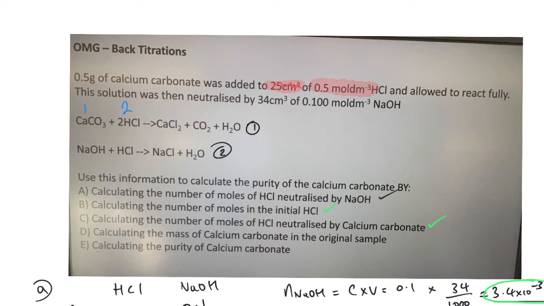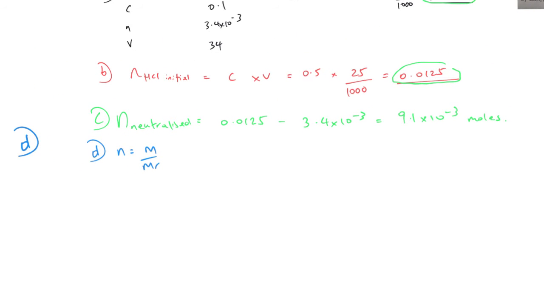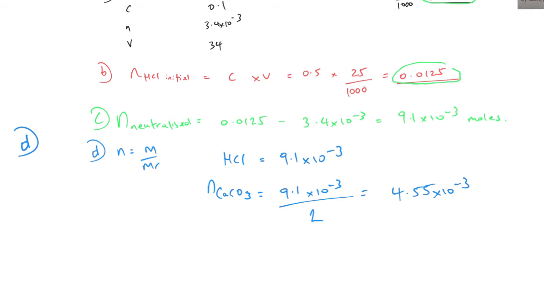So if we look at what we've got, the number of moles that was neutralized from HCl was 9.1 times 10 to the minus 3. To find my number of moles of calcium carbonate, I'm going to divide this by 2, because for every 1 calcium carbonate, I get 2 hydrochloric acids. It's going to give me 4.55 times 10 to the minus 3.